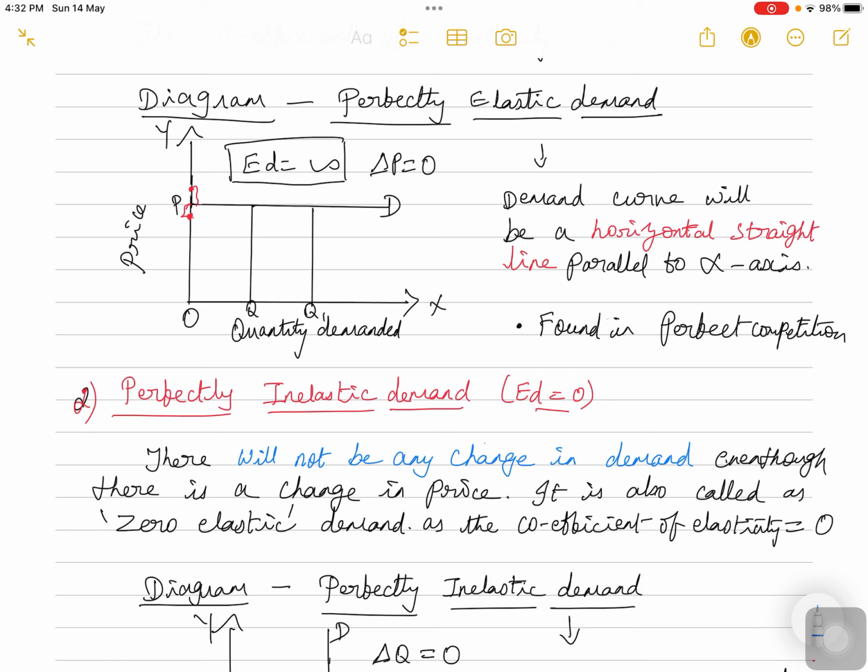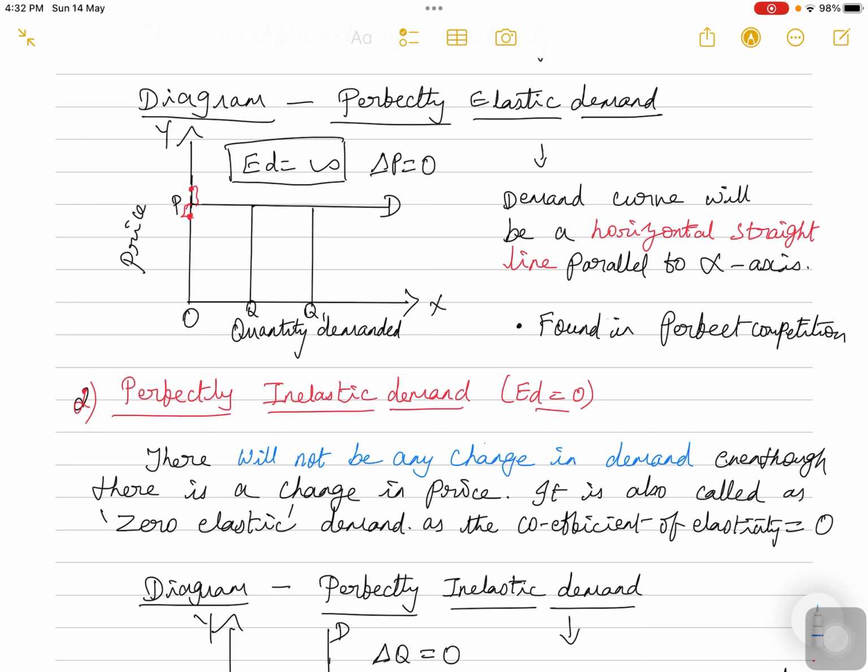All the consumers will go to that particular seller only, because they are getting the same commodity at a lesser price. But if one seller increases the price even very, very little, then nobody will come to his shop, because they can go to another shop and get the same commodity at a lesser price. So this kind of situation is normally found in the perfectly competitive market.